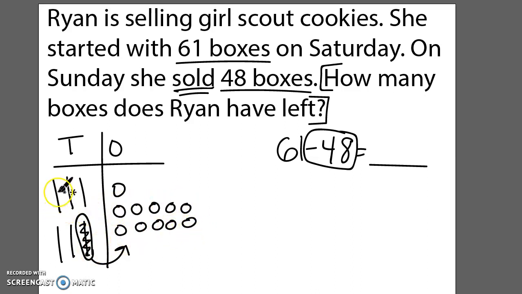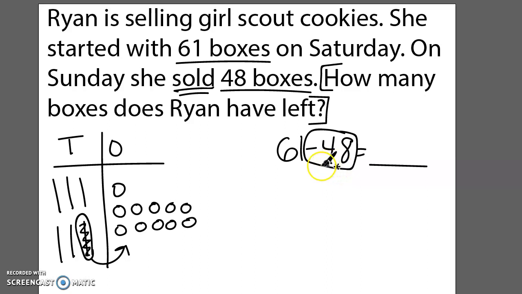Because just look, this is 10, 20, 30, 40, 50, 51, 52, 53, 54, 55, 56, 57, 58, 59, 60, 61. Same number. I just am showing it in a different way so I can subtract.